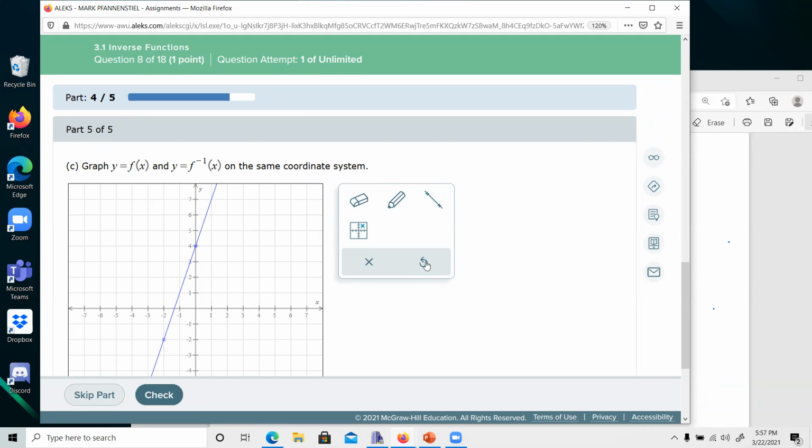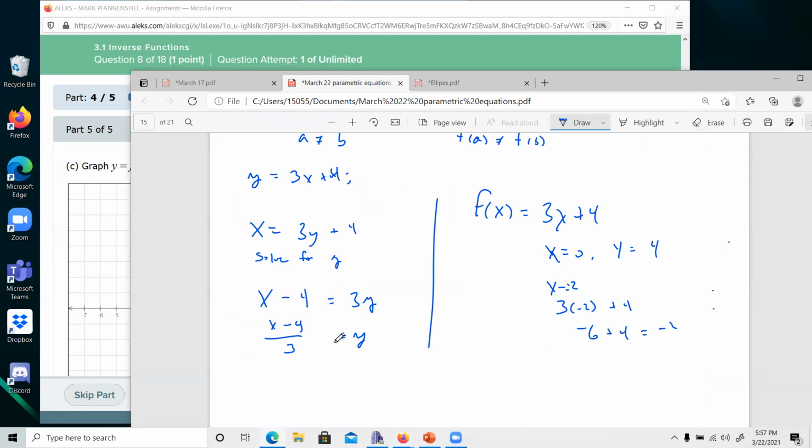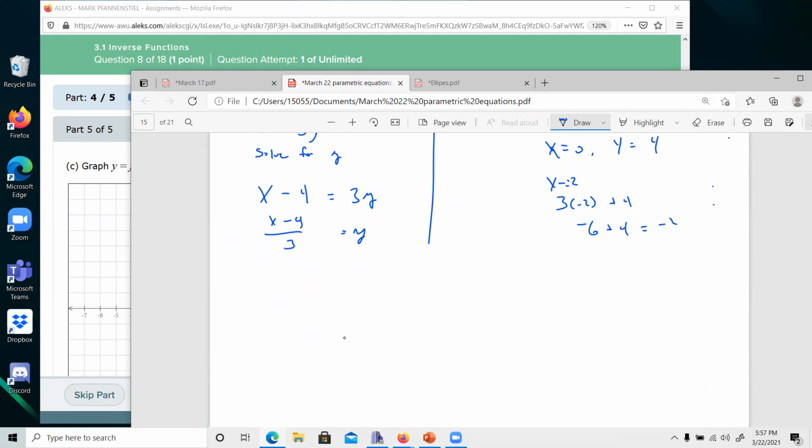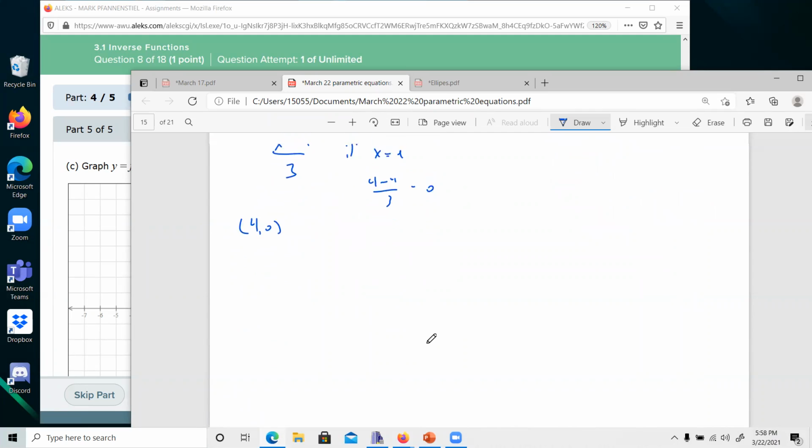And now we have to graph another line, which would be this one, x minus 4 over 3. Well, what happens if x is equal to 4? Well, we got 4 minus 4 over 3. That's 0, right? So when x equals 4, y equals 0. And then let's pick any other number.